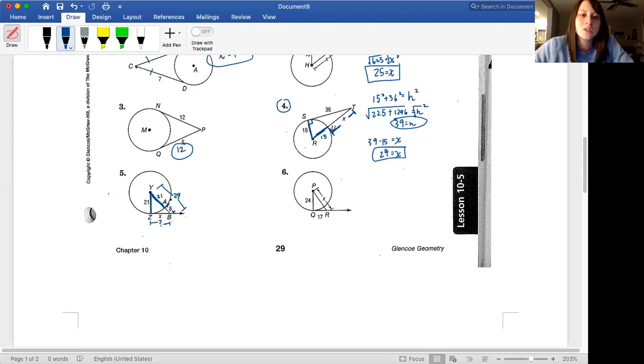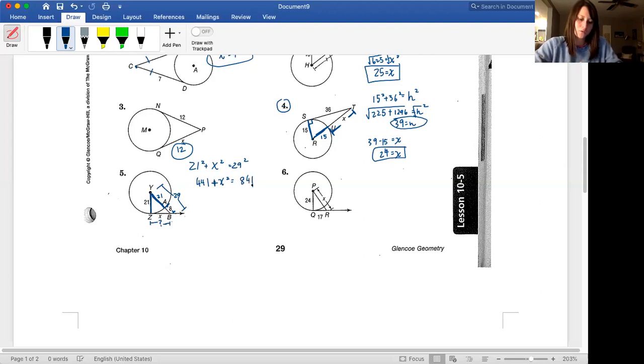So now we can find x. This is the hypotenuse. So we have 21 squared plus x squared equals 29 squared. And so we can work that out. 21 squared, 441. Oops, this is plus. 29 squared, 841.